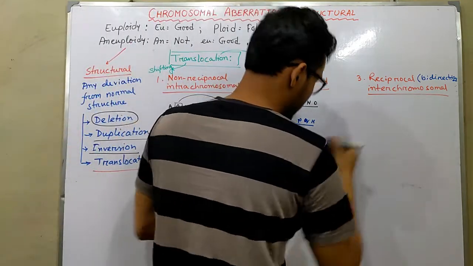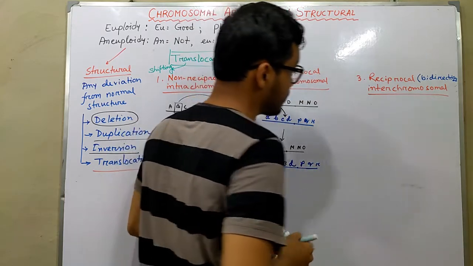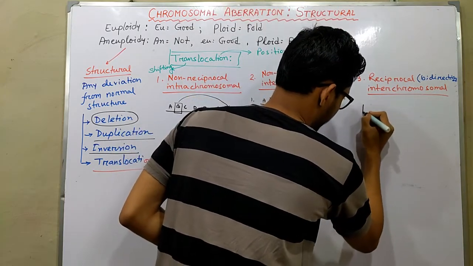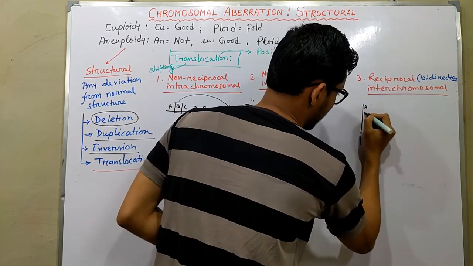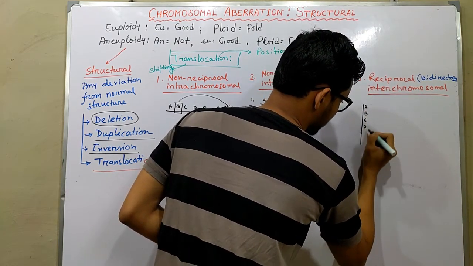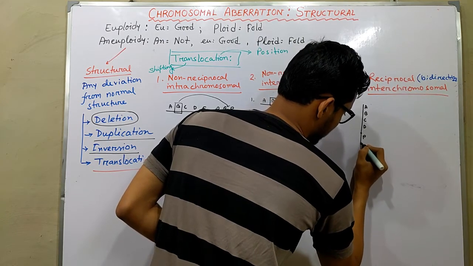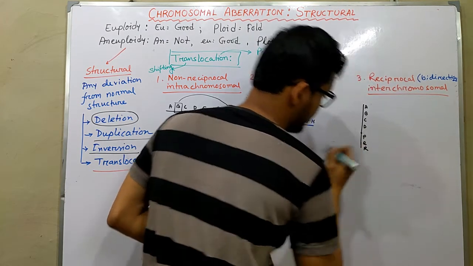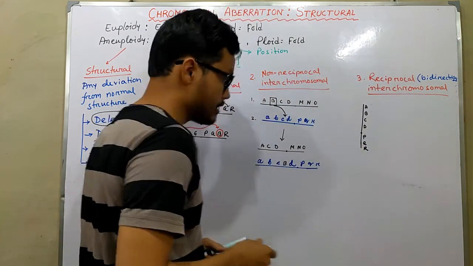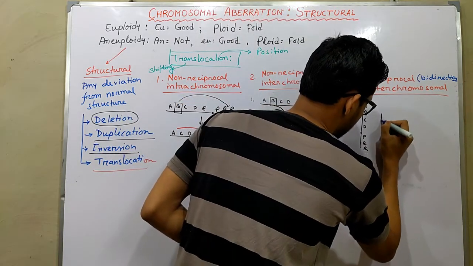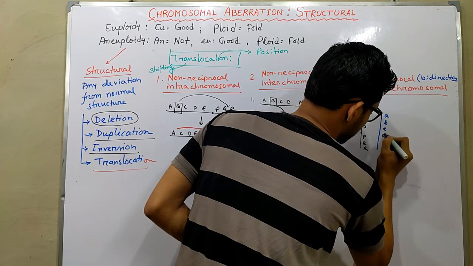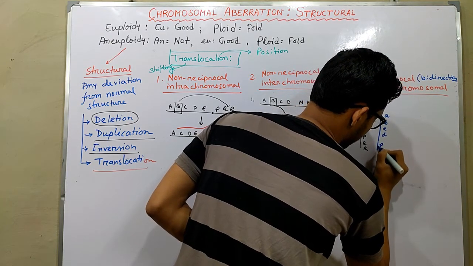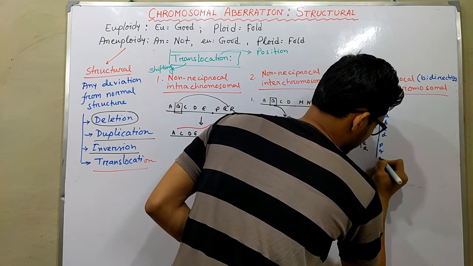So here, if we draw a diagram of a chromosome: A, B, C, D, E, Q, R, and our second chromosome is small a, small b, small c, small d, small p, small q, small r.